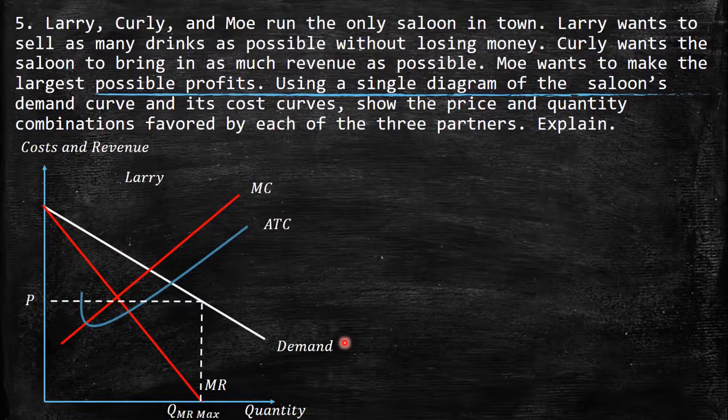Here we have Larry. Okay, Larry wants, sorry, here again I made a mistake. I just mixed everything, but here it is going to be Curly who wants the saloon to bring in as much revenue as possible. Remember, when marginal revenue is still positive, it means that if you sell an additional unit, your total revenue will increase.